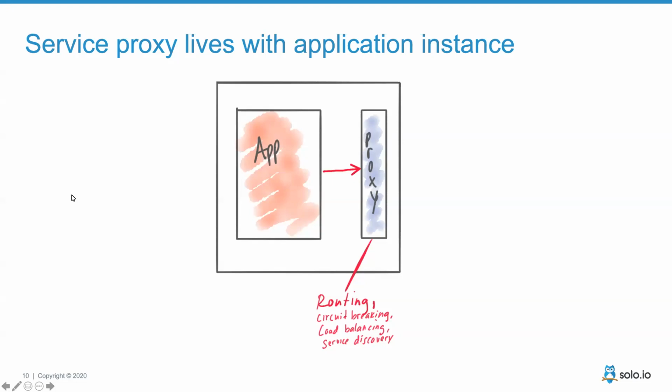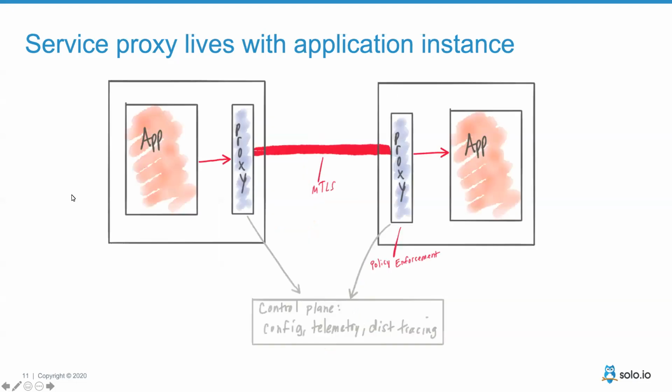So network traffic goes through this proxy and will arrive at other services, potentially with that proxy. Could arrive at databases, message queues, caches, that kind of thing. So this proxy is intended to intercept any of the network traffic from or to the application.